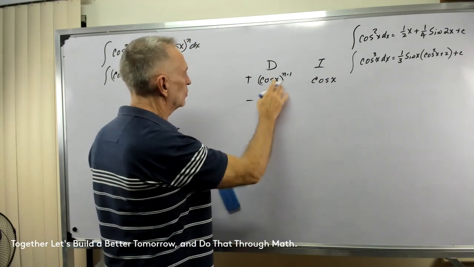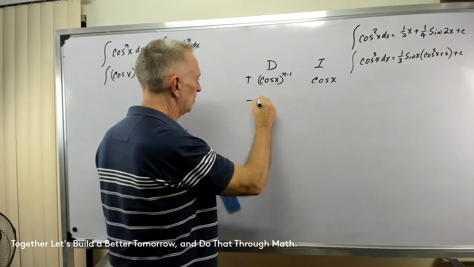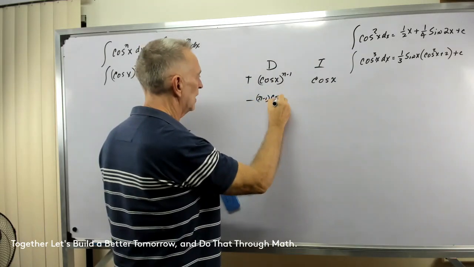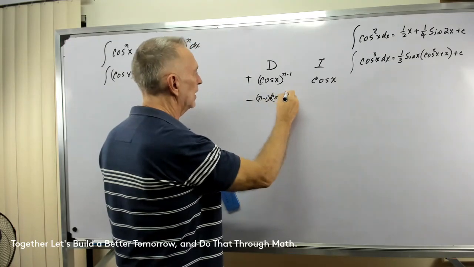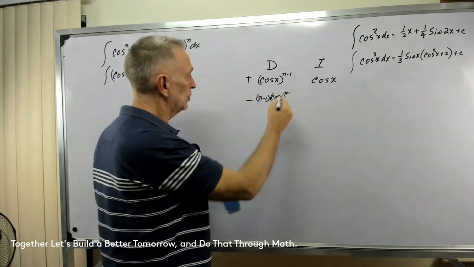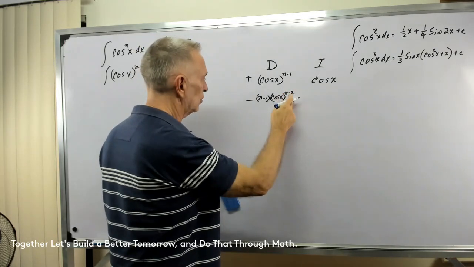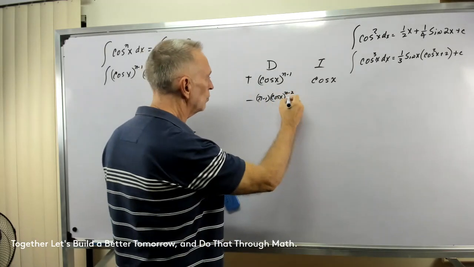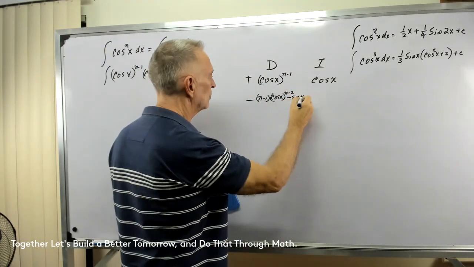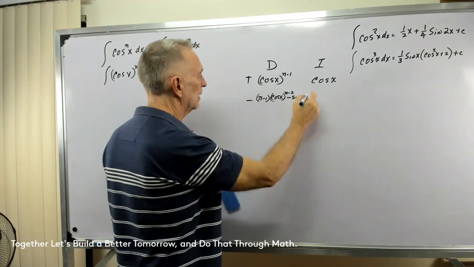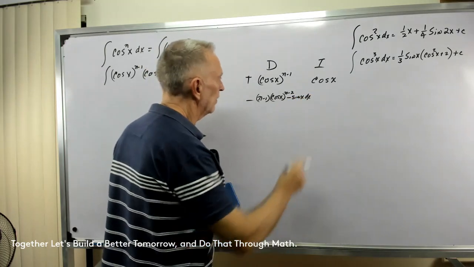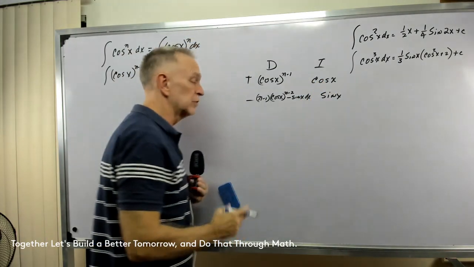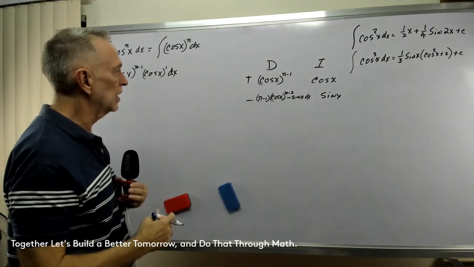Okay, so now let's differentiate this. We bring the n minus 1 down: n minus 1 times cosine x to the n minus 2, chain rule, times the derivative of cosine x. The derivative of cosine is minus sine x dx. Now the integral of cosine x is sine x.